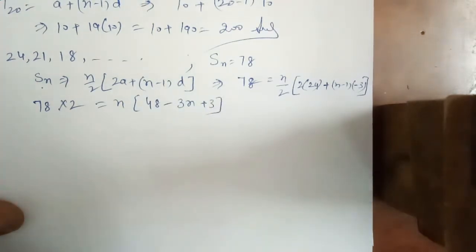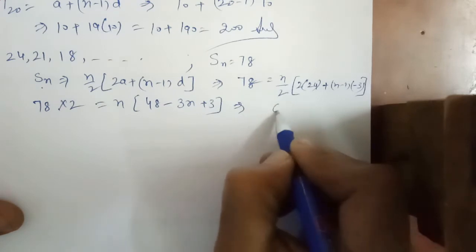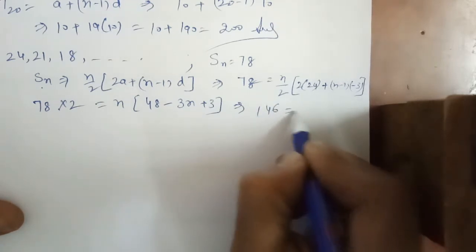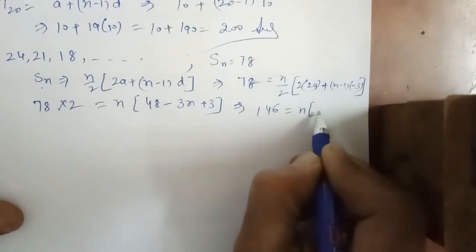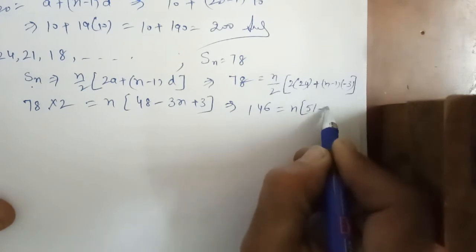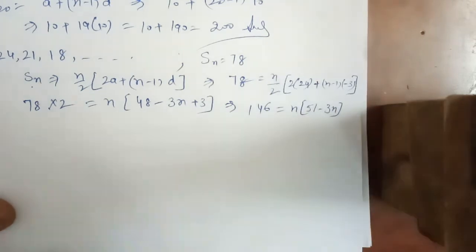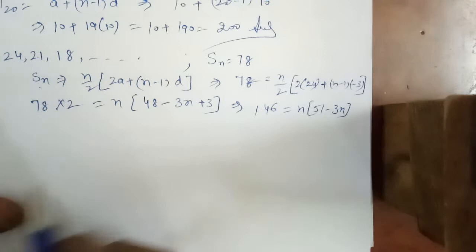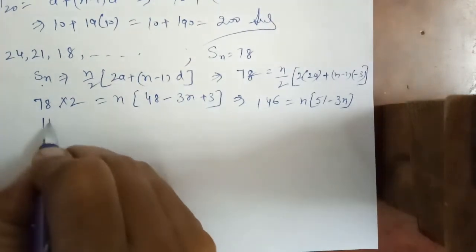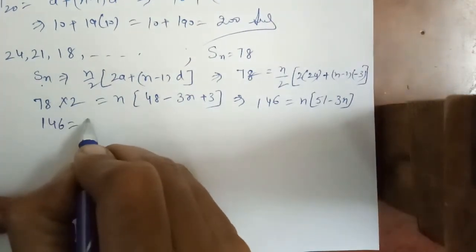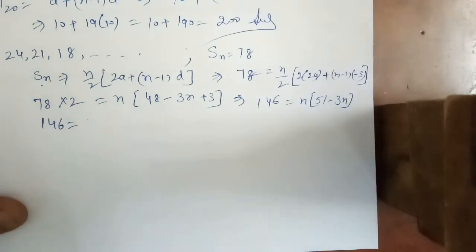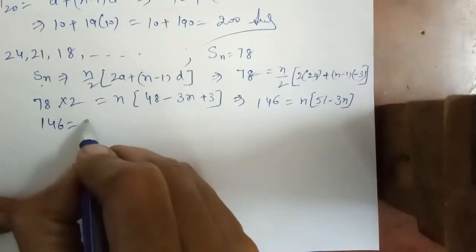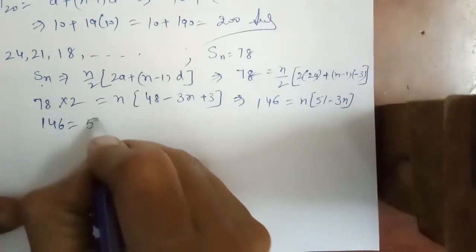Clear now? Its value is 156 is equal to n into 51 minus 3n. Clear? It will be 156 equal to 51n minus 3n square.